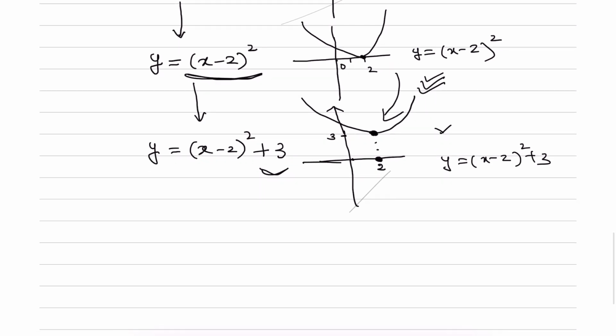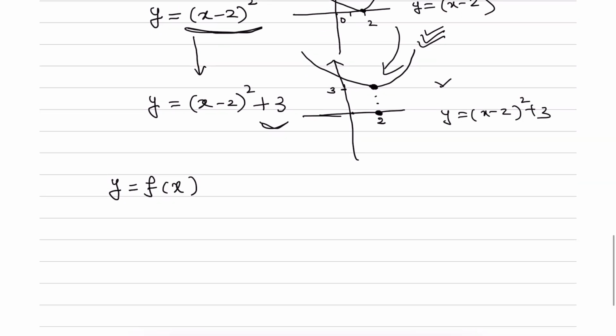Just to recall what we did, if you have a function y is equal to f of x, you know its shape. Then if you are asked to sketch the shape for y equal to f of x plus 2, this shape will be shifted 2 units up, or we can say that the graph is translated 2 units up.